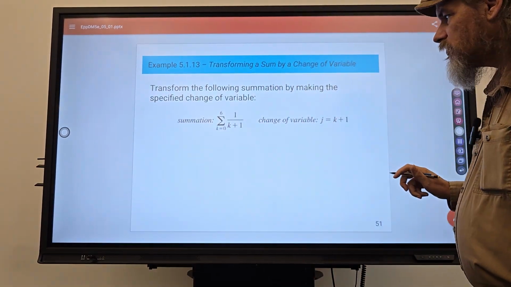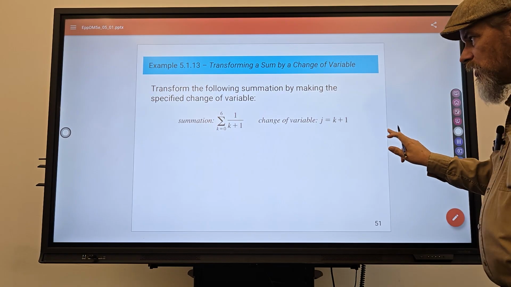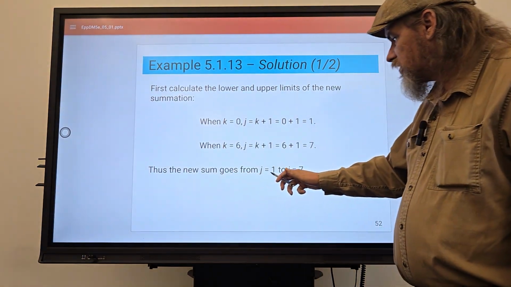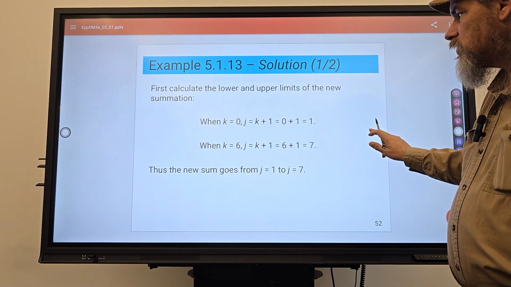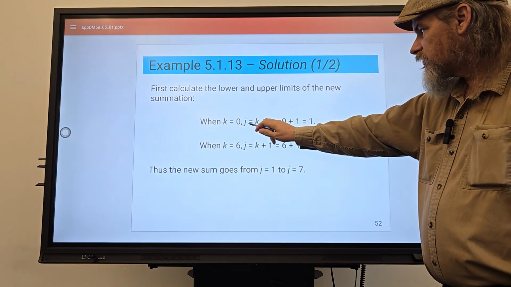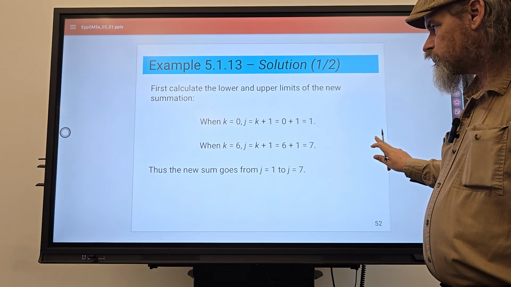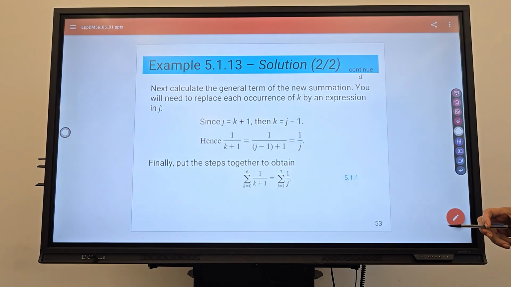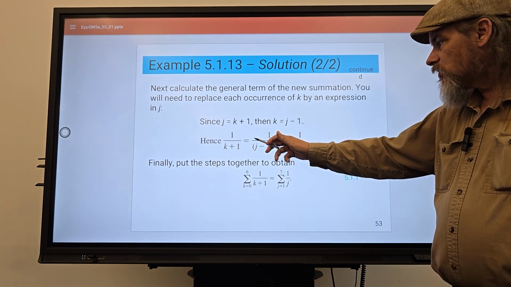So the summation of 1 over j from j equals 1 to 7 is the guess. Yes, the new subrange goes from 1 to 7. So you add the 1 from the definition of j equals k plus 1, and then you substitute the j in here.